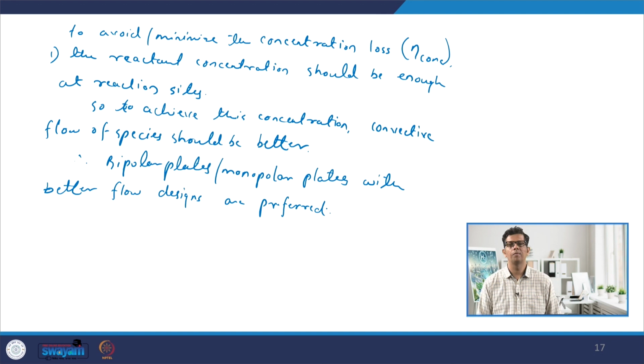So what are these better flow designs? We have serpentine flow field channels, parallel flow designs, and interdigitated flow designs, all of which of course we will discuss.